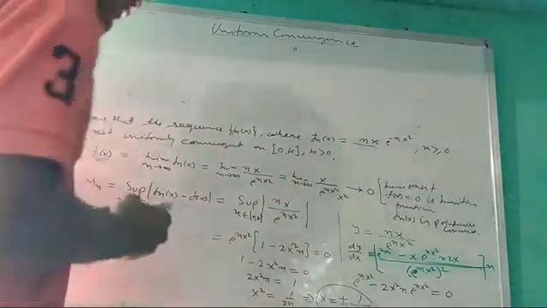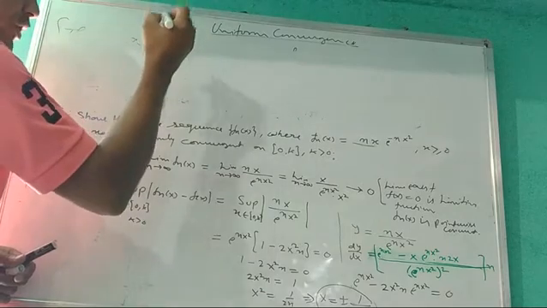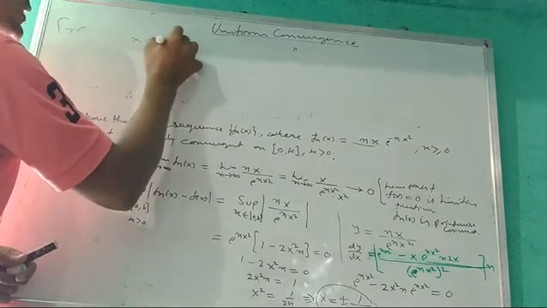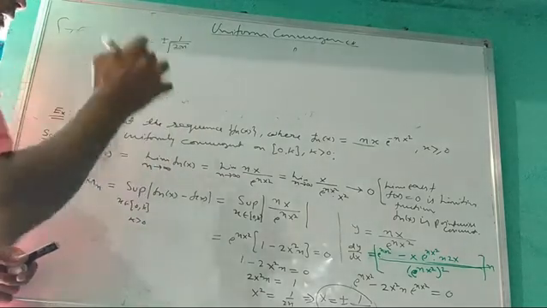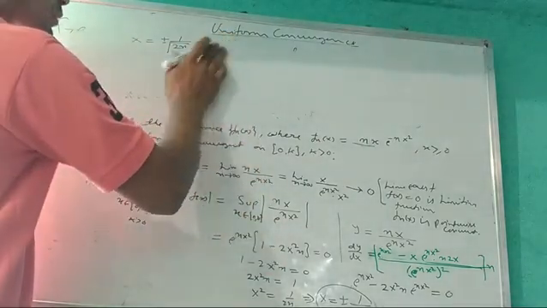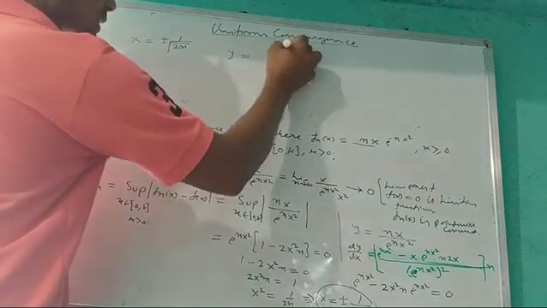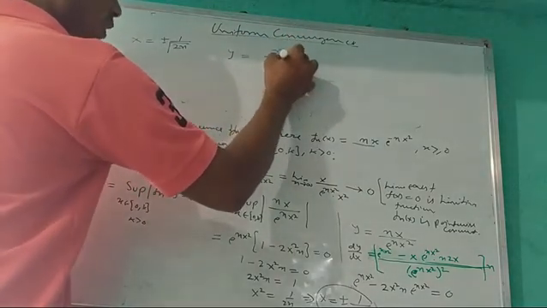Okay, so we have the point x equal to 1 upon root 2n, and the supremum of this function y equals nx upon e to the power nx square.